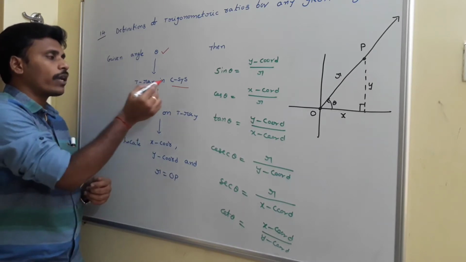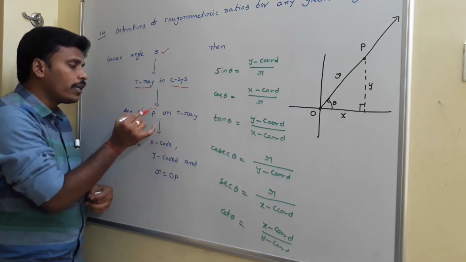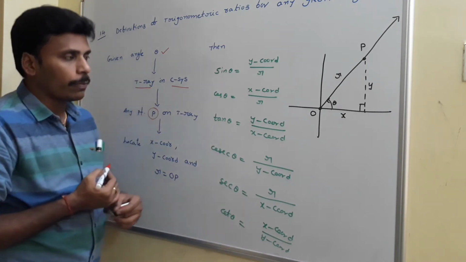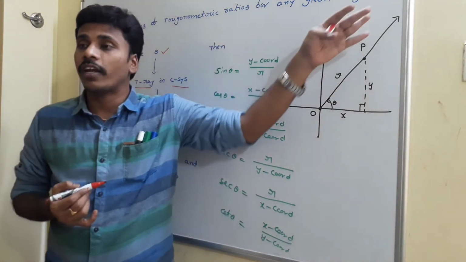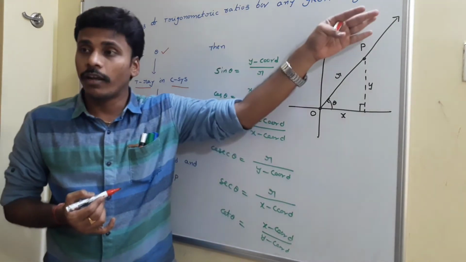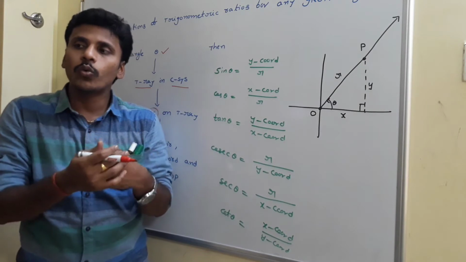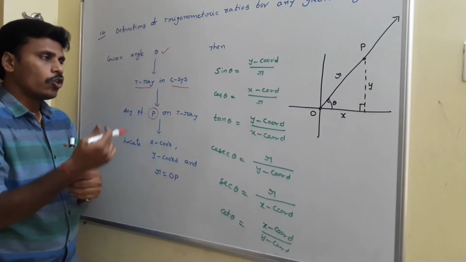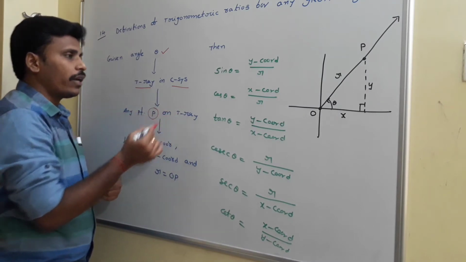So you need to locate the terminal ray, and afterwards locate a point P on the terminal ray. Repeatedly I am telling you that there are infinite points on the terminal ray. In the last class also we discussed it. You are allowed to take any point on the terminal ray, no problem. So take any point P on the terminal ray.